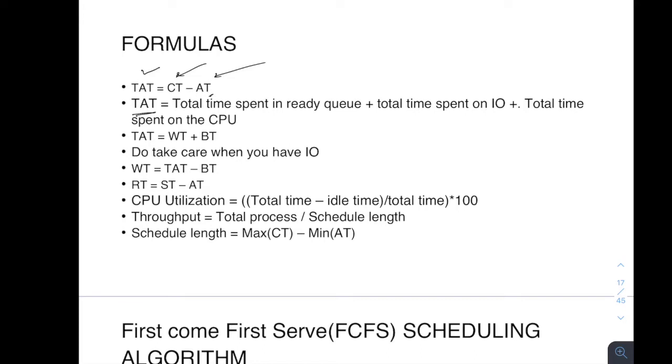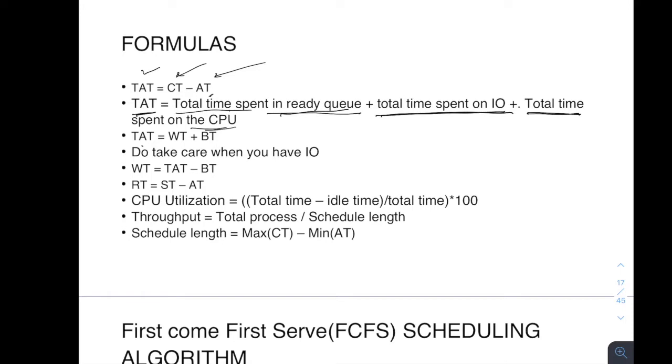So basically you can also write that as the total time spent in the system. If you look at a process, what is the flow for it? Either it will be in the ready queue, or it will be in the IO, or it will be on the CPU, right? So you can write TAT as total time spent in ready queue plus total time spent on IO plus total time spent on CPU. That means TAT equals WT plus BT, right?